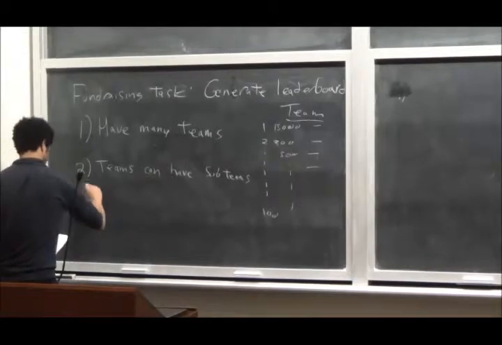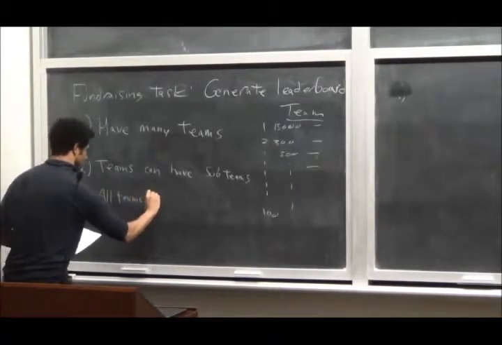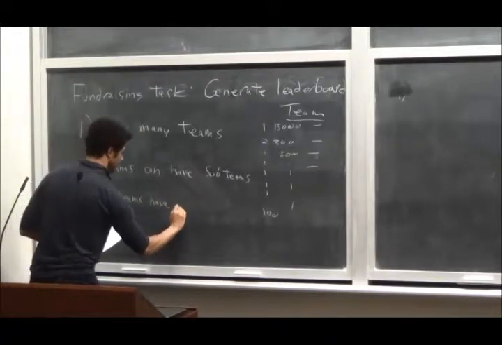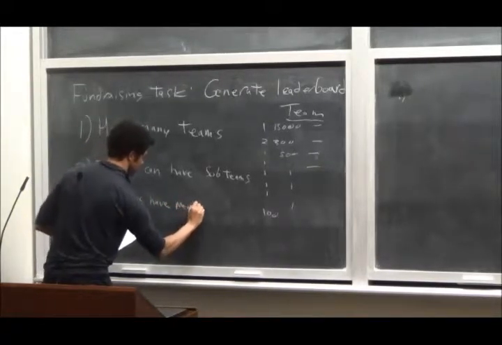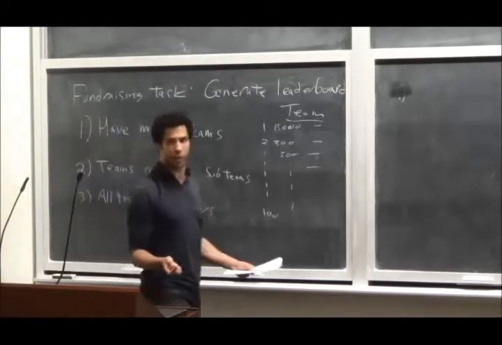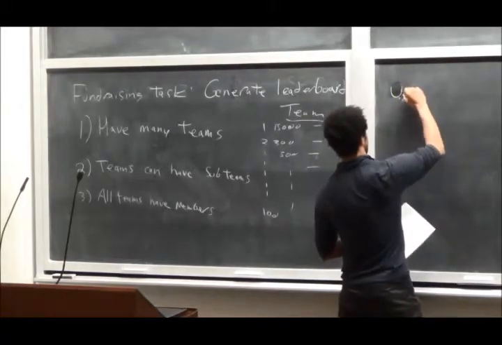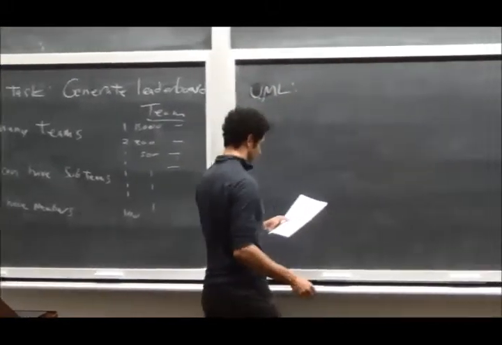And all teams have members. This is not really an important question, we're just using this to consider the introduction. So the UML looks something like this. I'm just going to do a quick sketch.